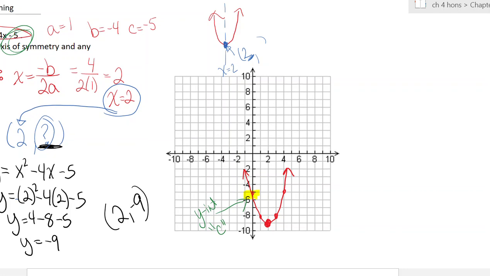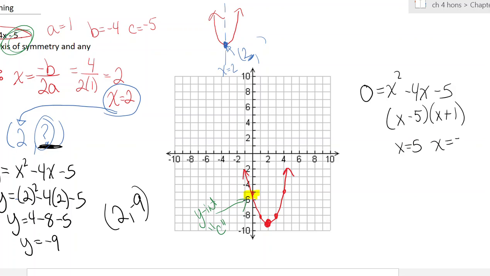The other thing that we've talked about is that the x-intercepts are the solutions. So I can go ahead and I can solve this. And this one happens to be factorable. So if I factor it, I get x equals 5 and x equals negative 1. Well, look at where those are. 5 is here and negative 1 is here.